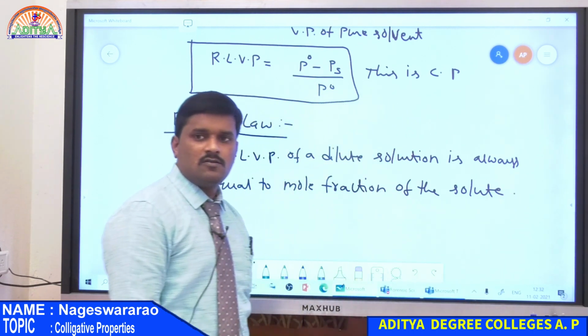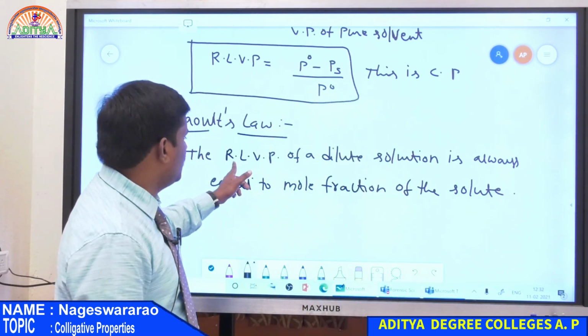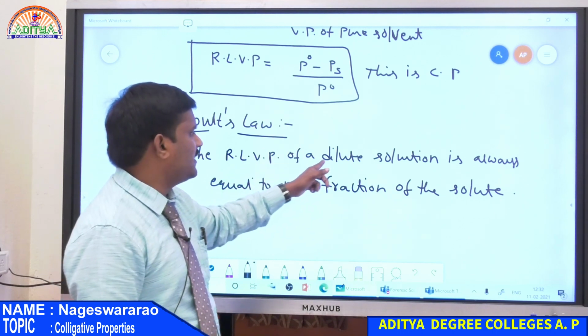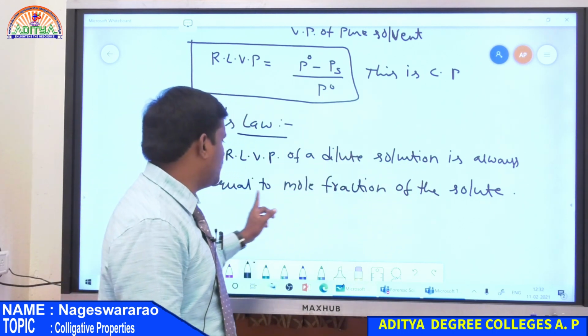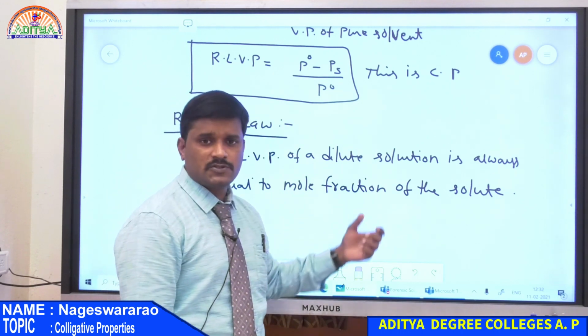This is known as Raoult's law. Therefore, according to Raoult's law, the relative lowering of vapor pressure of a dilute solution is always equal to the mole fraction of the solute.